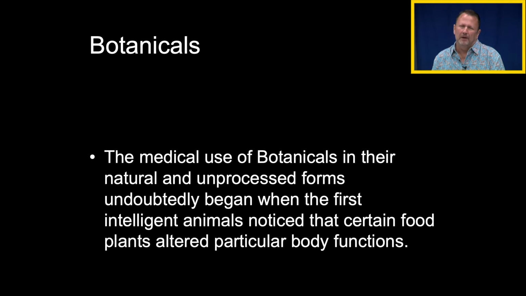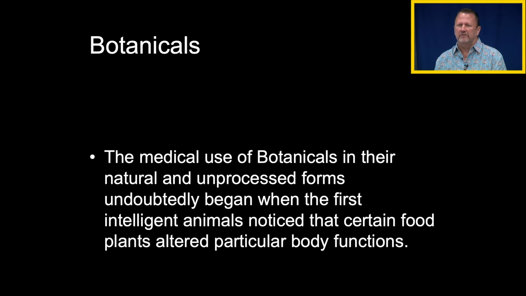All right, so the medical use of botanicals in their natural, unprocessed form undoubtedly began when the first intelligent animals noticed that certain foods altered bodily functions. Wow, this is the history of pharmacology in a nutshell right here. Pharmacology did not start in a factory somewhere full of biochemists.